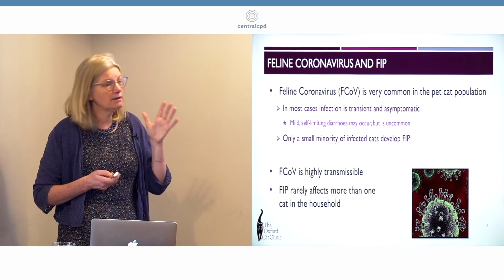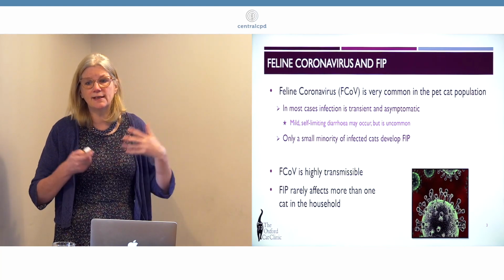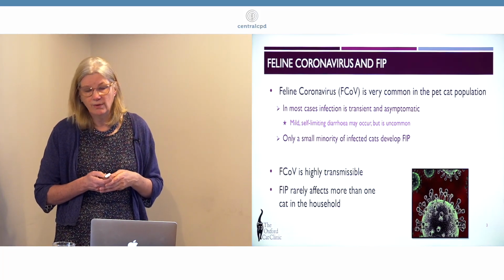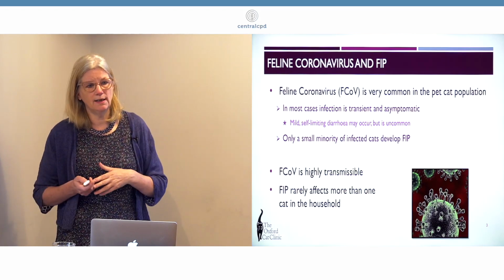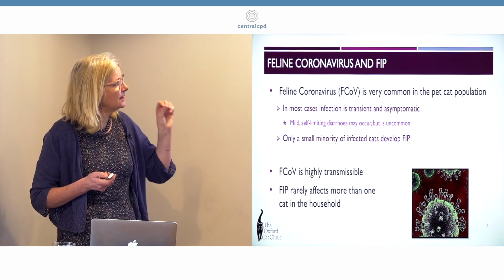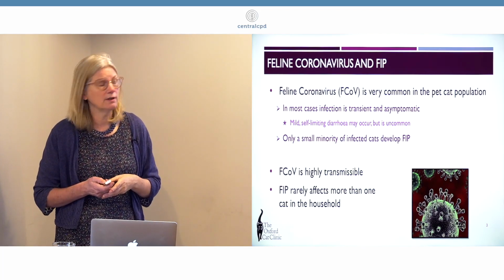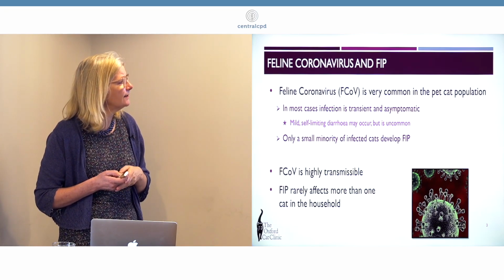But it is a mild, short-term acute diarrhea, such as we very commonly see in kittens, that settles itself down within a few days and really doesn't cause too much issue. It's not a cause of chronic diarrhea. We'll come back to that later, but it's on all the panels for diarrhea, but it isn't a cause of chronic diarrhea. So it really is a mild self-limiting thing.